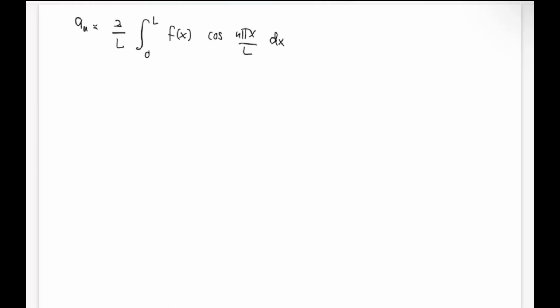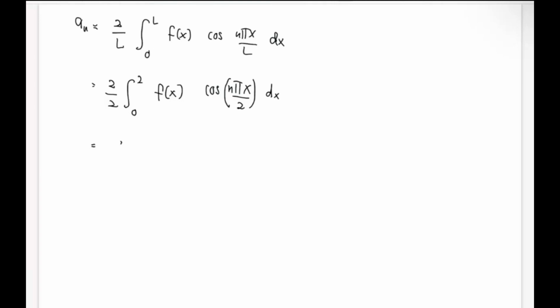So 2 divided by 2, 0 to L, f(x), cos n pi x over L, L is 2, dx. So let's put this one in bracket. Alright, so from the piecewise function, we have defined. So 2 divided by 2 is 1.